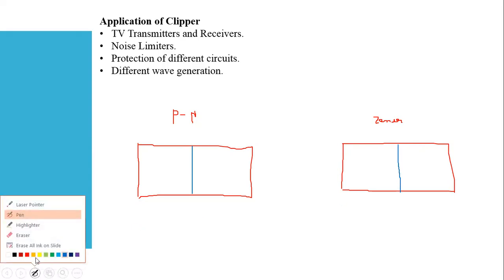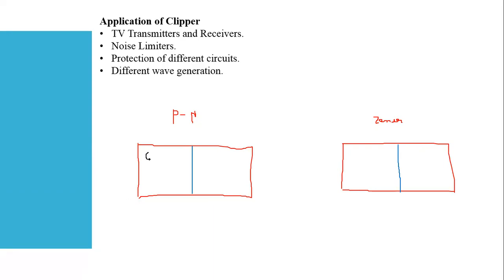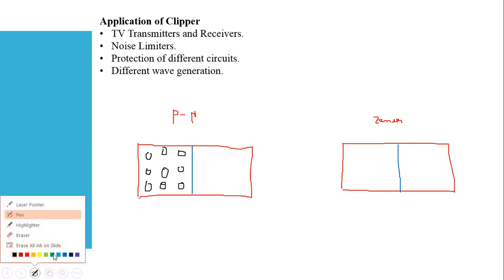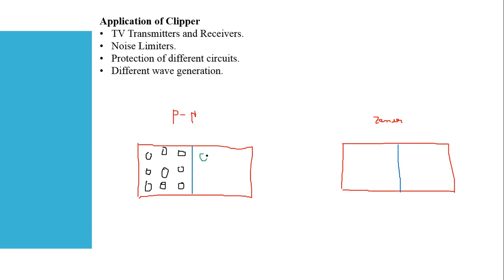Now this is the P region, where the majority charge carriers are holes, so it is doped with holes. And in the n-type region, the majority charge carriers are electrons. You can consider the green ones as the electrons.